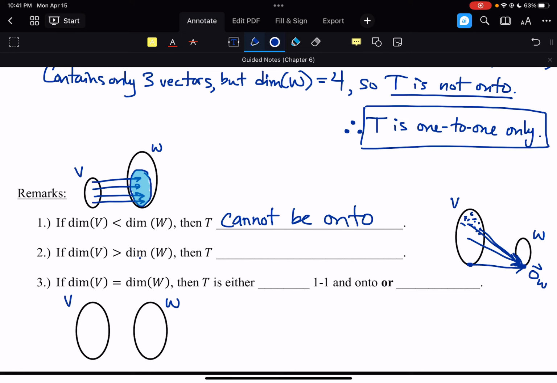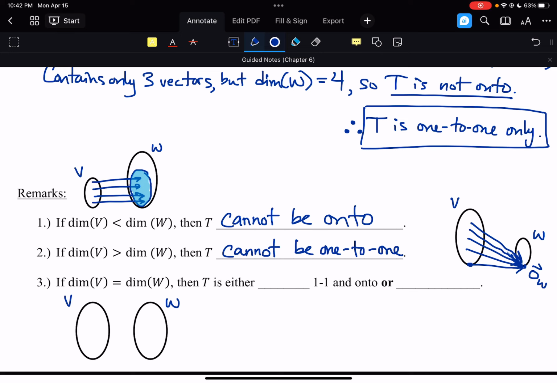So if the dimension of V is greater than the dimension of W, T cannot be 1-to-1, because you're going to get a lot of doubling up, with multiple inputs having the same output, more than one thing transforming to the 0 vector.